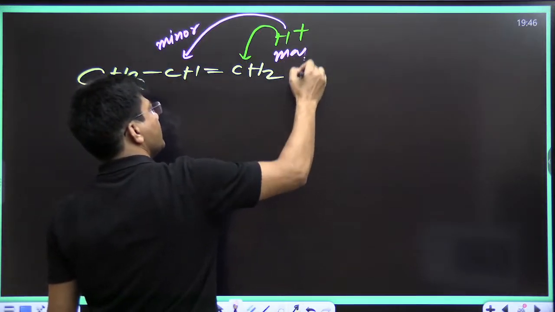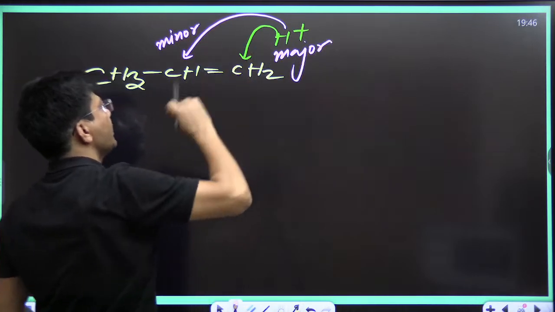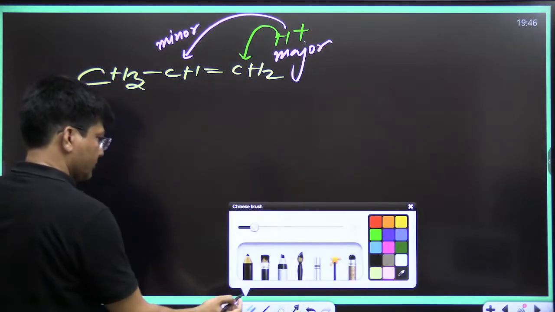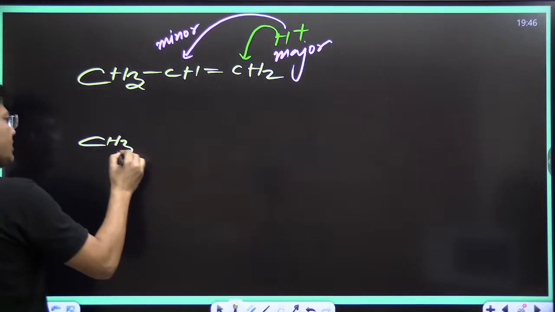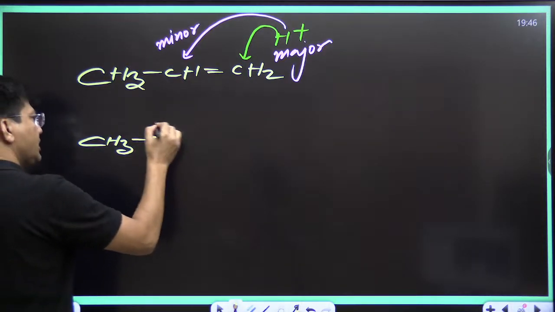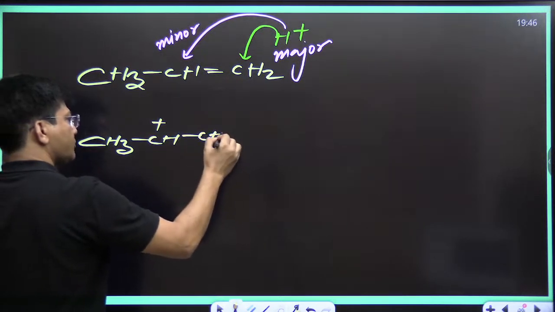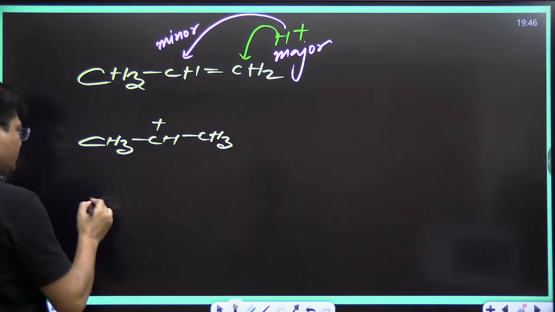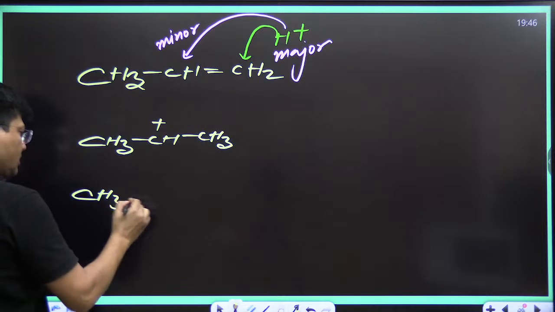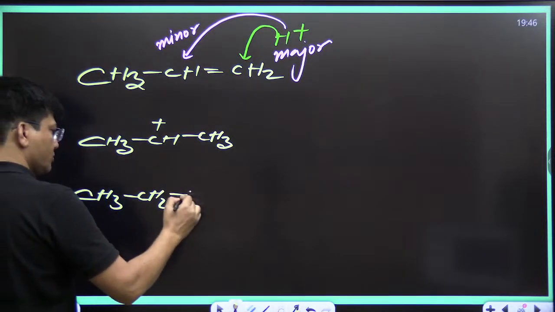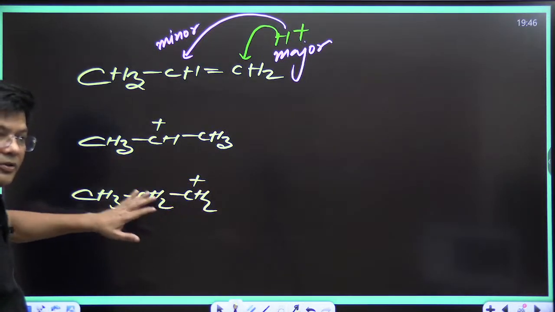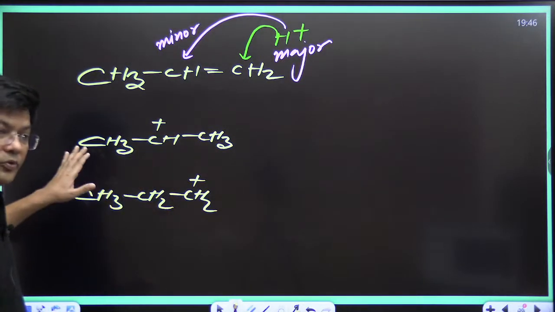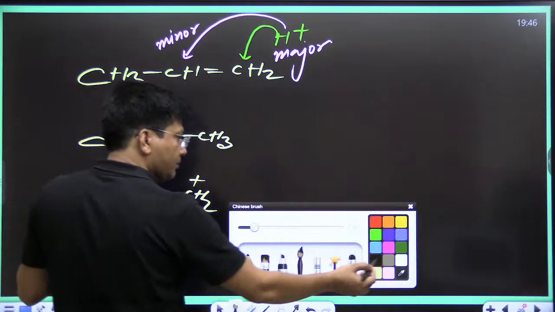Agreed? So you are going to get two types of carbocations. One carbocation will be CH3, CH plus, CH3, and the second carbocation will be CH3, CH2, CH2 plus.